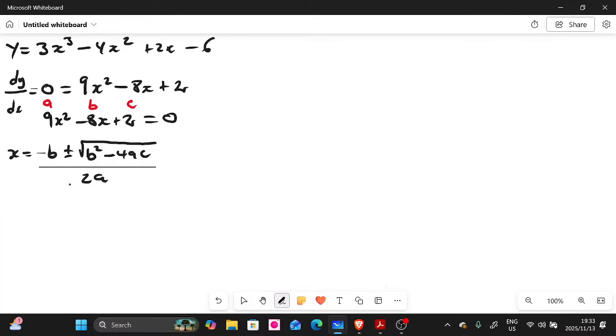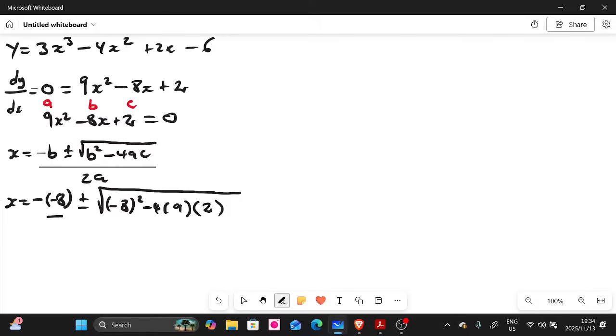Our b, the coefficient of x, according to our formula we have negative b, but it's going to be negative as well because 8 is negative. That's our b there, plus or minus. Then we continue: negative 8 squared minus 4. Our a is the coefficient of x squared, which is 9. And our c is positive 2.